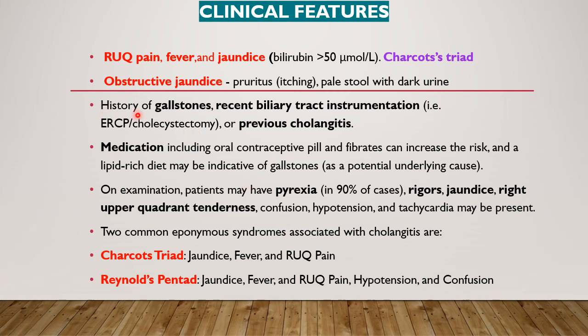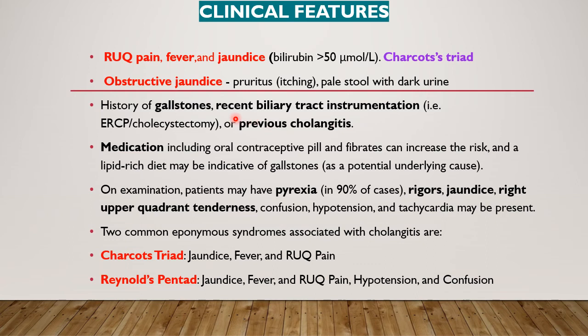Then a history of gallstones is important, because once you know the patient has gallstones, the chances of getting cholangitis become much higher. Then recent biliary tract instrumentations such as the ERCP, cholecystectomies also can predispose to infection, and previous cholangitis.